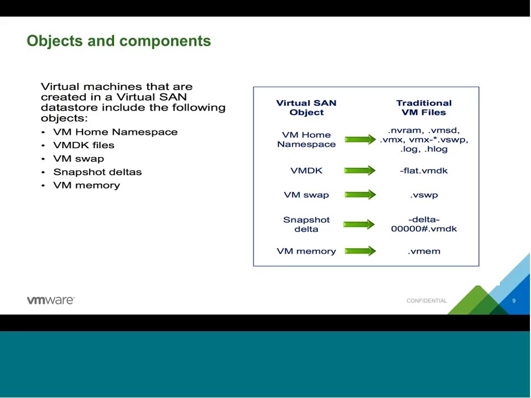A single host can have 9,000 different components. So if I create a VMDK file of 2 terabyte, that means I'm creating 8 different components for the disk itself. And on top of that, there are different components, right?